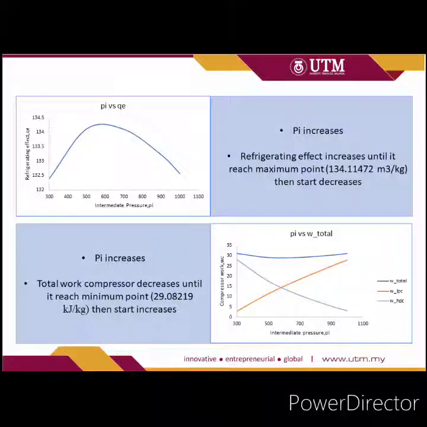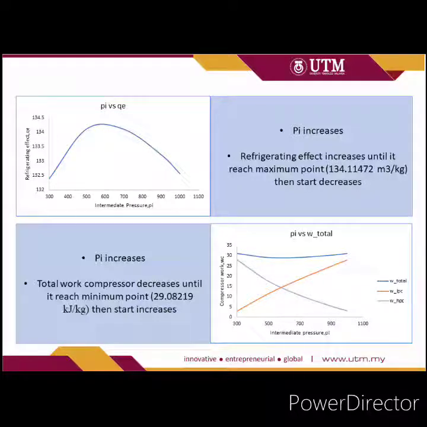Next, we go to the first graph of this effect, which is intermediate pressure versus refrigerating effect. As we increase the intermediate pressure, the refrigerating effect increases until it reaches the maximum point, which is 134.1172, then starts decreasing.